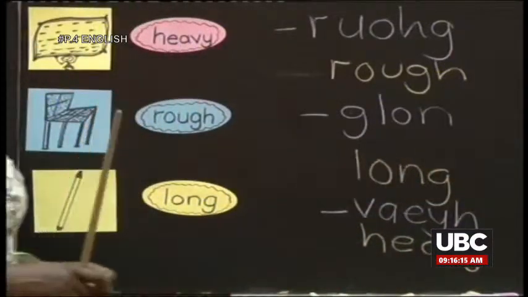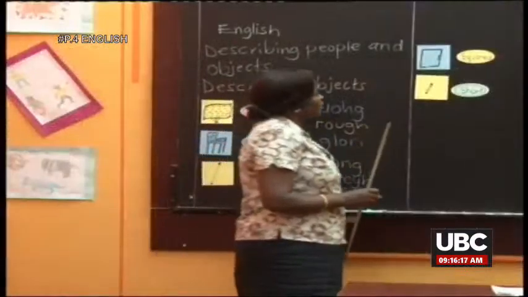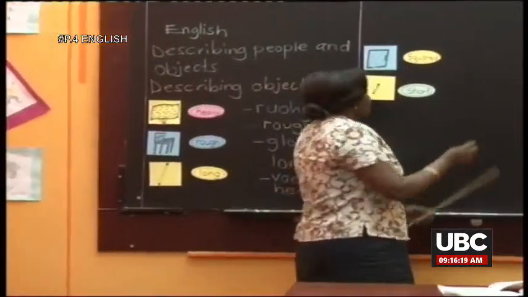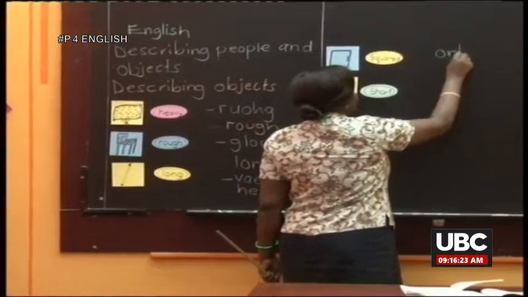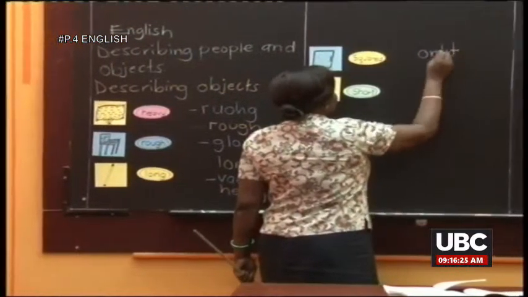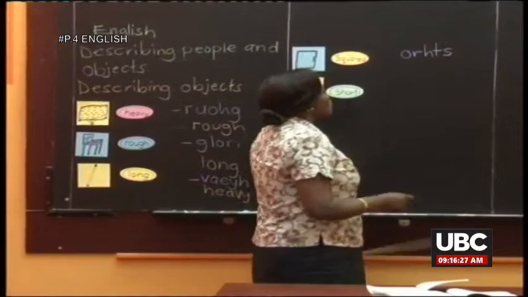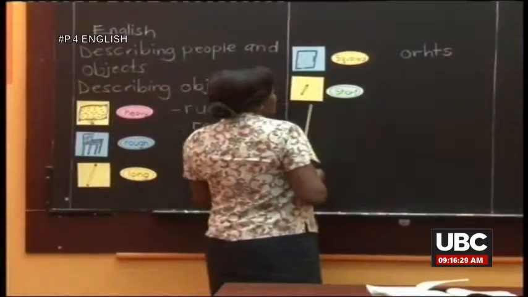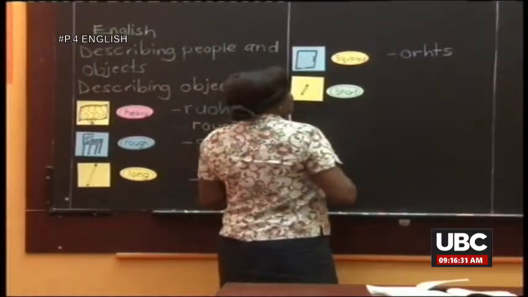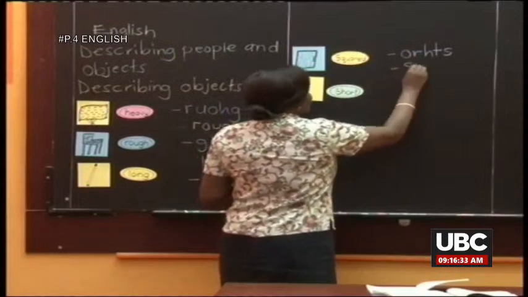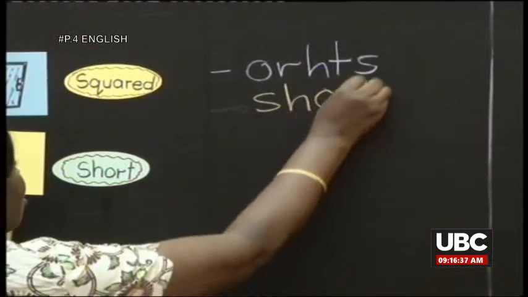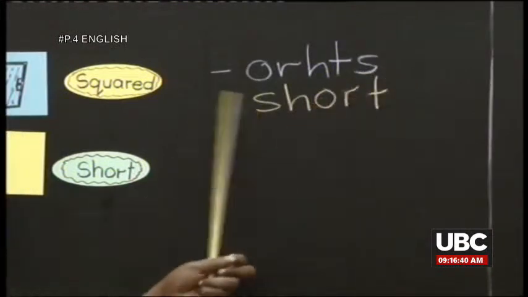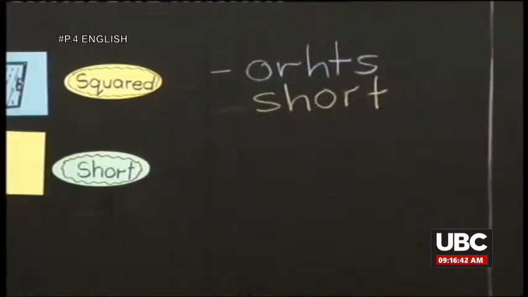Let's continue with our spellings. We spell the word short. With all those letters, you'll be able to spell the word short as S, H, O, R, T. So those are the letters we have in our word.